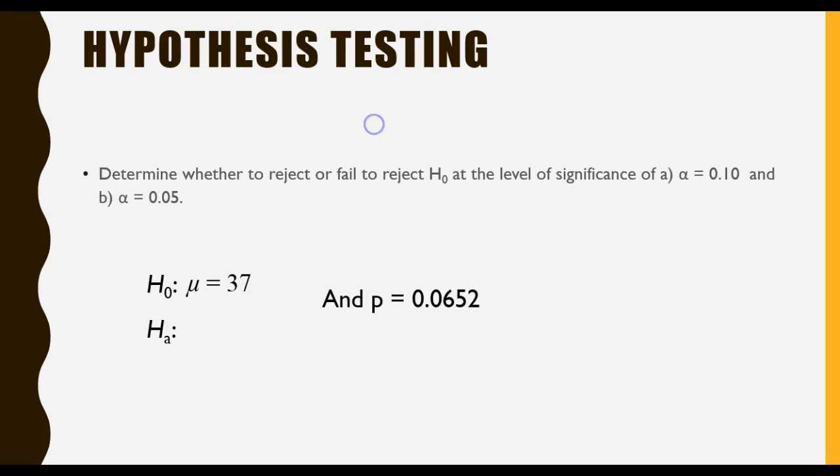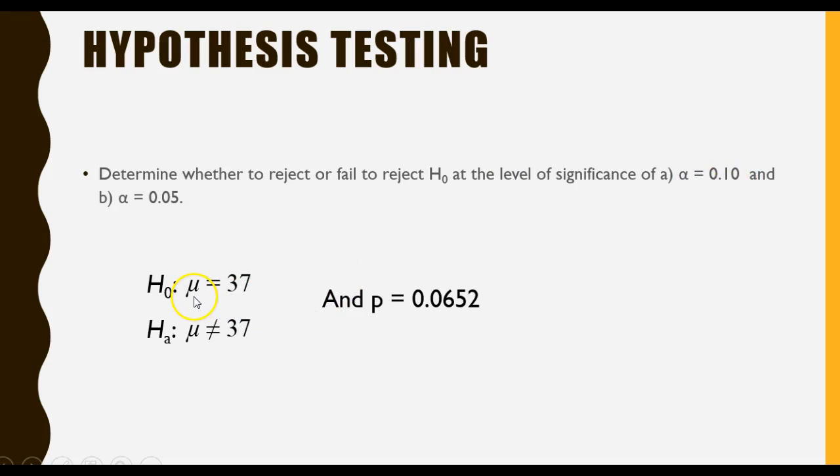All right, first of all, let's say that we are just given a p-value and a level of significance. In other words, determine whether or not we should reject or fail to reject the null hypothesis at the given level of significance. First, a level of significance of 0.10 or 10%.